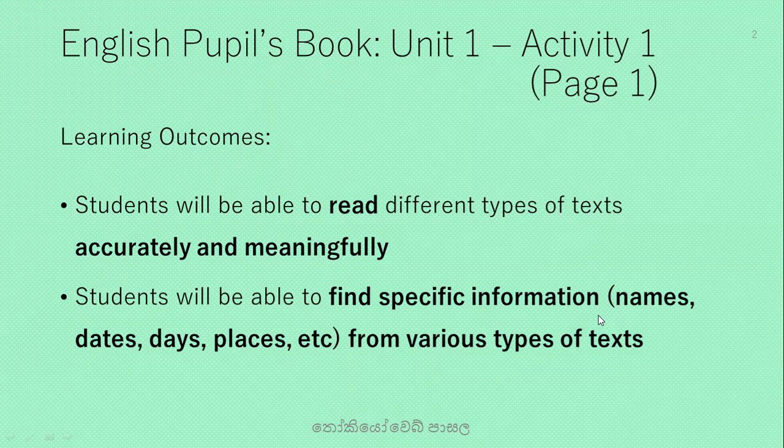When, where, what, who. So we found those specific information for those questions from the texts, right? So from these 2 activities, I hope now you have a good understanding of how to read meaningfully and accurately, as well as how to find different informations according to the question, right?